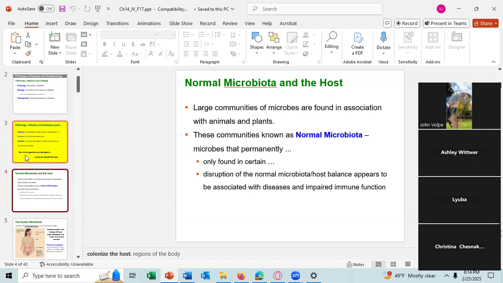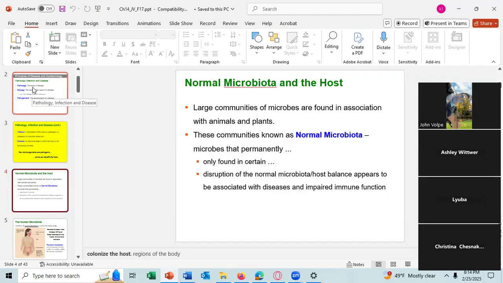So there's a balance between the normal microbiota and the host. Well, what happens if you take antibiotics? Especially oral antibiotics, they will get into your gut and kill a whole bunch of microbes. This will disrupt the normal microbiota host balance, and it can cause the patient either diarrhea or constipation.